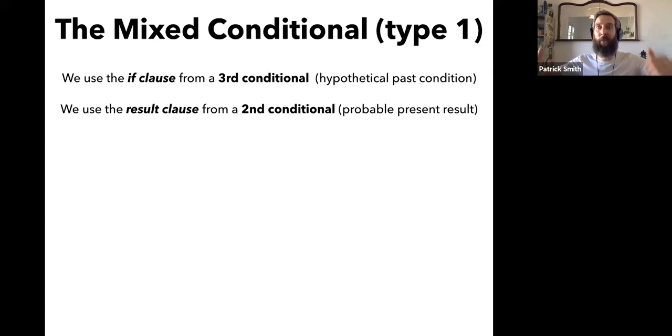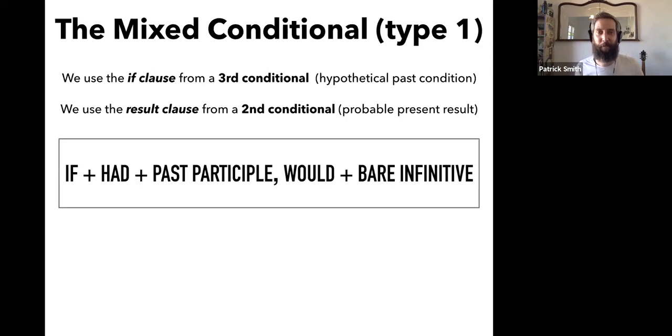So we have a past hypothetical condition with a present hypothetical result. And that's the structure. So you can see the first part looks like a third conditional, and the second part looks like a second conditional. And that's why we call it the mixed conditional.